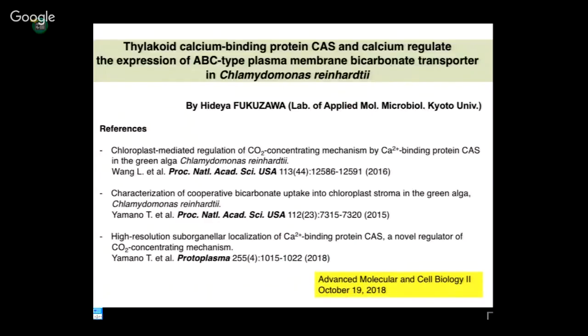So I'd like to introduce our work about the photosynthetic carbon concentrating mechanism, which supports CO2 fixation.